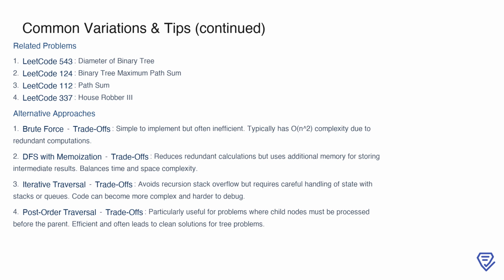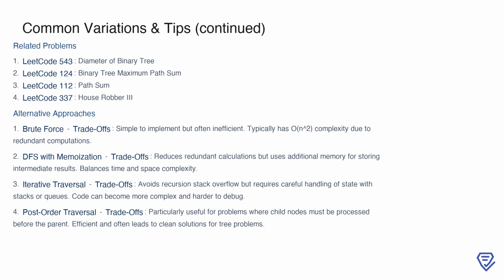For example, LeetCode 543, diameter of binary tree, involves calculating the maximum distance between any two nodes, while LeetCode 124, binary tree maximum path sum, focuses on finding the path that yields the highest sum of node values. LeetCode 112, path sum, is another relevant problem, requiring you to determine if there's a root-to-leaf path with a given sum, and LeetCode 337, house robber 3, is a dynamic programming problem on trees. Exploring these can help you identify commonalities and refine your approach.